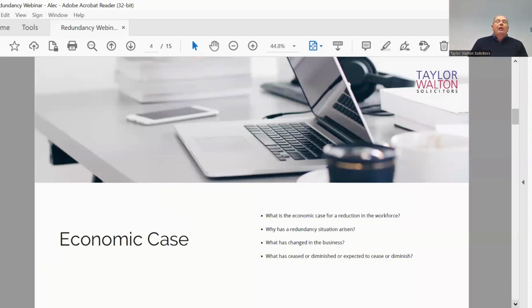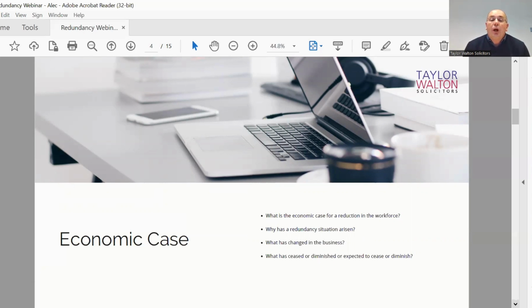what does the employer have to do in order to establish that a redundancy situation exists? Well, it may be that there's, as I've mentioned before, an economic case for reduction in the workforce, a downturn in the market conditions.